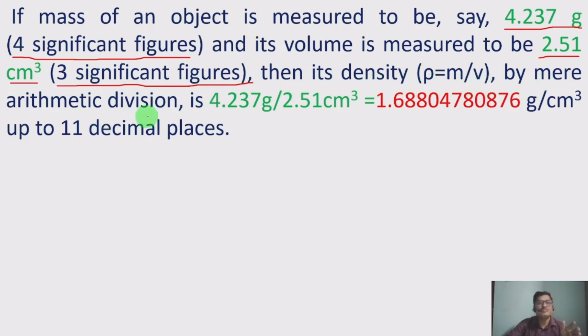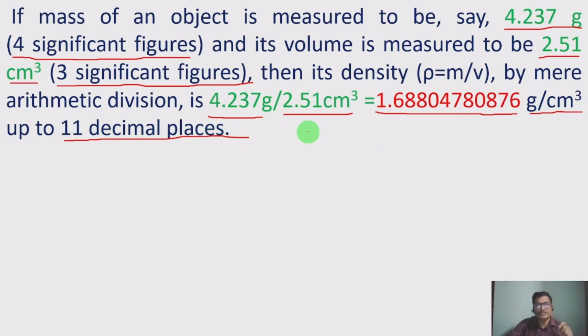By mere arithmetic division, 4.237 gram by 2.51 centimeter cube, the result we get is 1.68804780876. Too many significant figures: this value in grams per centimeter cube has up to 11 decimal places.